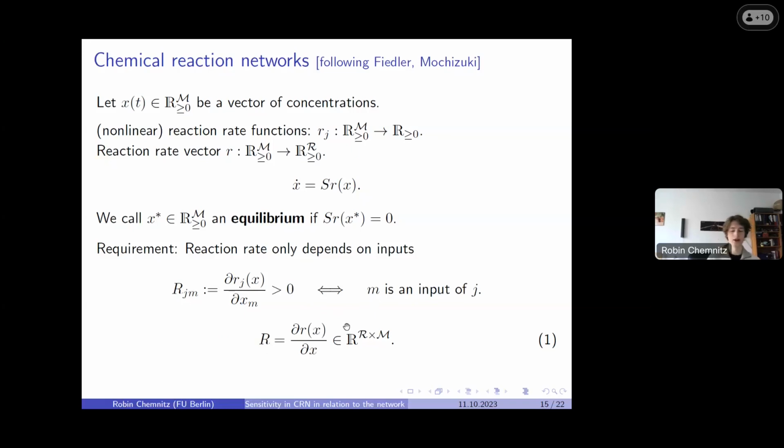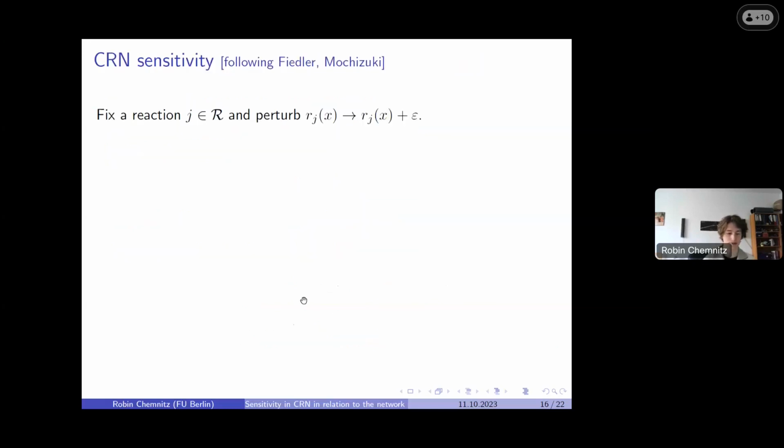And note that this R also has some intrinsic sparsity structure, in that we only have non-zero entries if there's an input to this reaction. So this R and this S both capture some network structure about the chemical reaction networks in their sparsity structure, so in the information which entries are zeros and which are not.